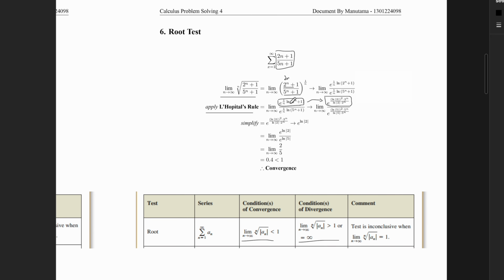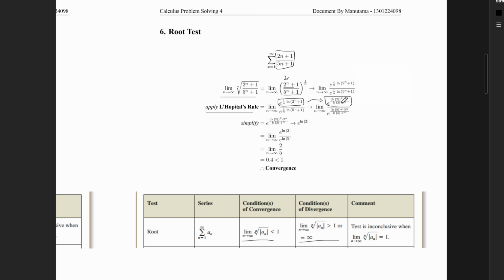Basically we take a derivative of this one, and it becomes like this. So d over dn for this one, d over dn of e to the 1 over n times ln of 2n plus 1 to the power of n plus 1.